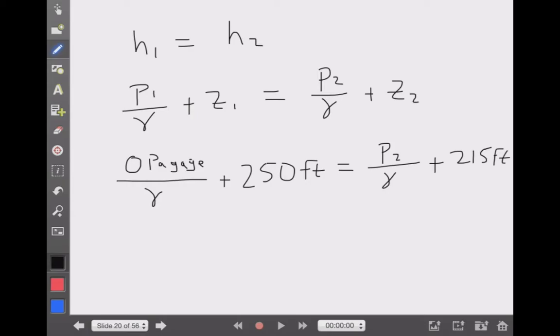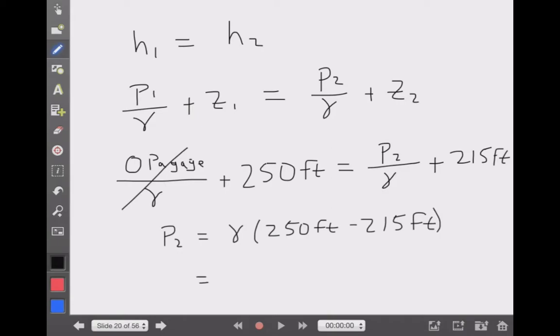All right, so solving this, this term drops out, and we're going to have P2 equals gamma times 250 feet minus 215 feet.